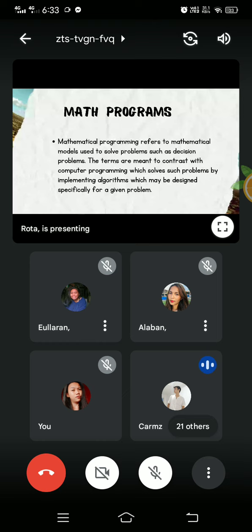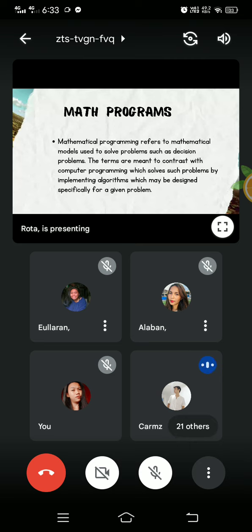Okay, I just want to correct that definition that you have presented there. That shouldn't be the definition. It should be about math programs, not referring to computer programming, but it is about curriculum, the implementation of mathematics teaching. That's part of our mathematics program.